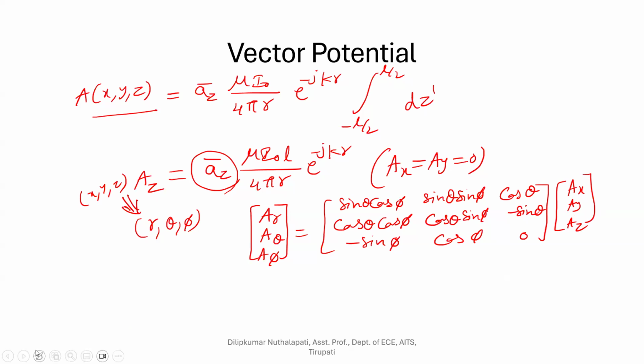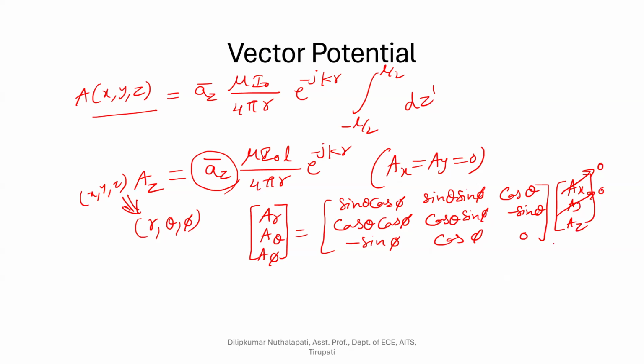From this, the values of ax and ay turn out to be 0 as the vector potential exists only in the z direction.